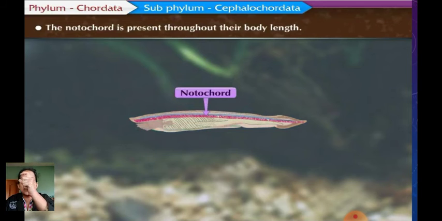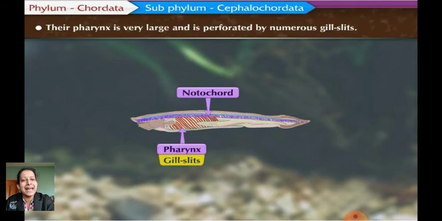Here the notochord is present throughout their body length, from top to bottom. You can see the notochord nicely shown over here, and they have large pharyngeal gill slits. The pharynx is large and perforated with numerous gill slits, like that of fish.